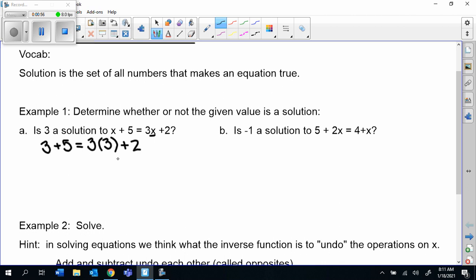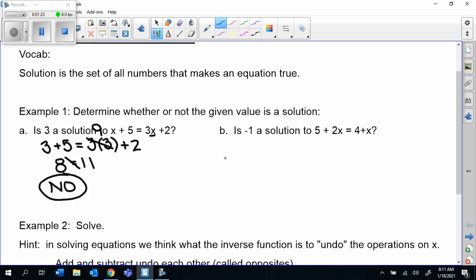And then we see if this turns out to be true or false. So 3 plus 5 is 8. On the right-hand side of the equal, remember we need to multiply before we add. So this is a 9. 9 plus 2 is 11. And 8 and 11 are not the same. And so we would say 3 is not a solution.